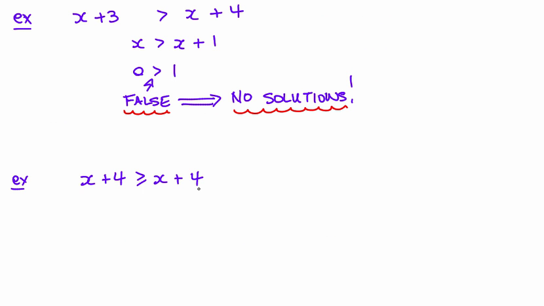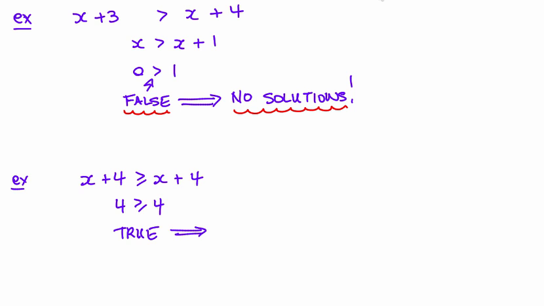Now, there's another type of question that's similar to this. Say x plus 4 is greater than or equal to x plus 4, and when you work through this, subtract an x on both sides, for instance. Oh, 4 is greater than or equal to 4? Yeah, that's a true statement. Well, what happens with true statements? Well, let's do a check. What if x is 0? 0 plus 4, is that bigger than or equal to 0 plus 4?